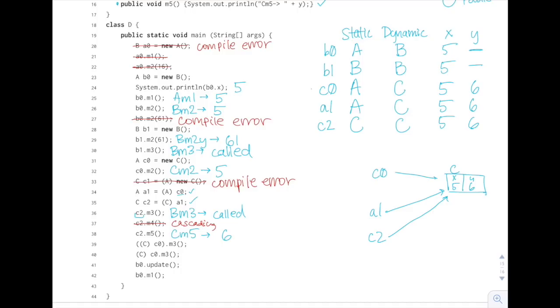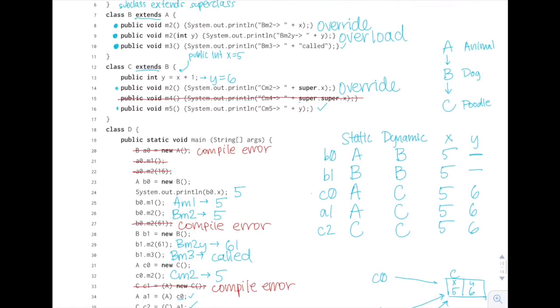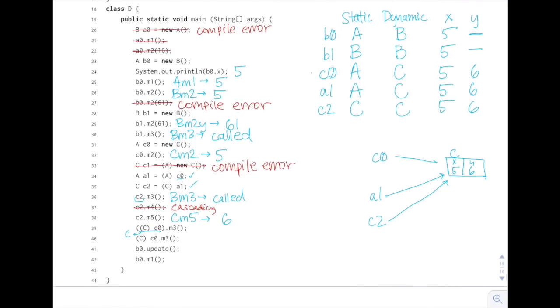But anyway, because we promised the compiler that C0 is really a C, the compiler believes us and doesn't throw any sort of compile error and thinks, okay, fine, C0 is a C. And C0 adopts or inherits B's M3 method. So everything's fine there. And then once again, at runtime, we will call B's M3 method. And same thing, B M3 will be called.